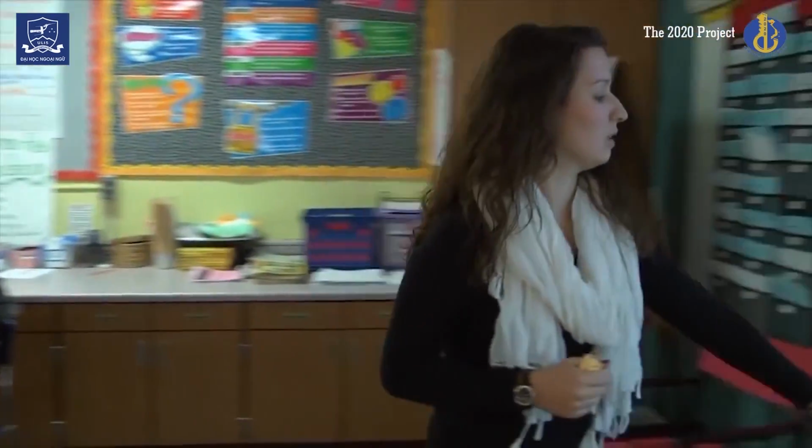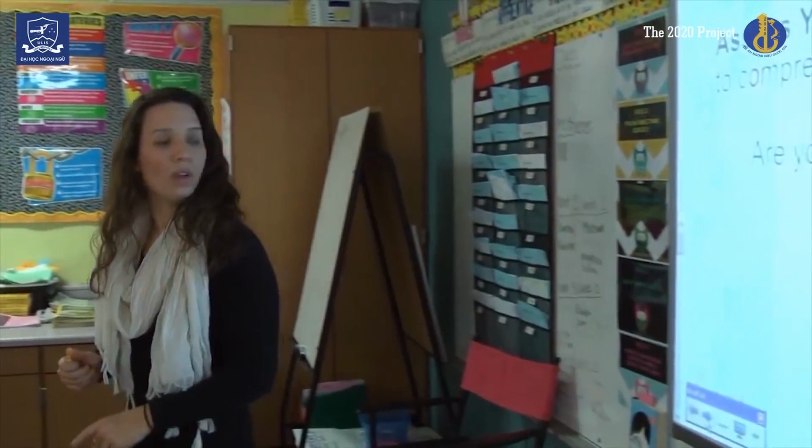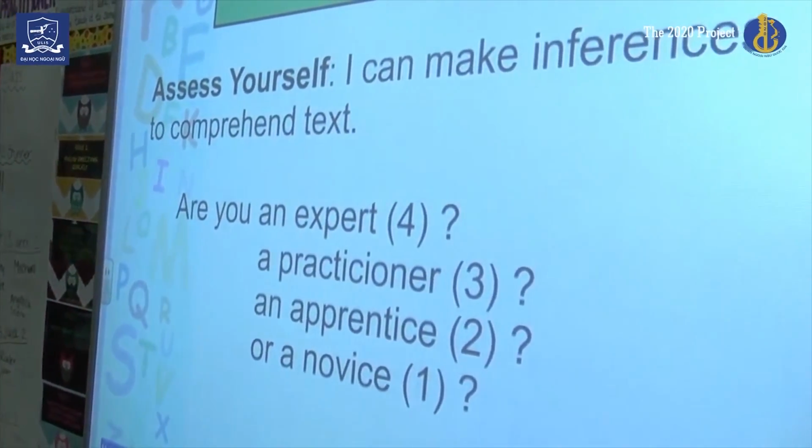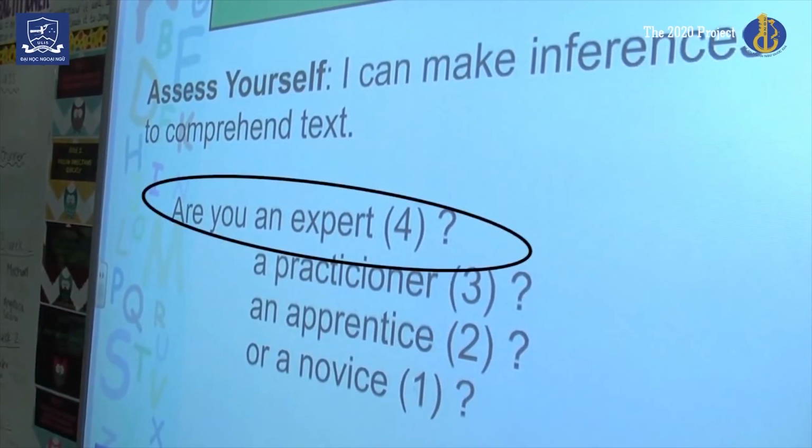Not only should your objectives be measurable by the teacher, but also by the students. Self-monitoring is very important with these objectives. I like them to assess themselves so they know that a 4 means that they are an expert. They really have a good grip on this objective, and they could teach somebody how to make an inference.